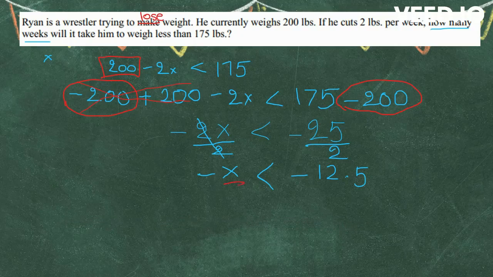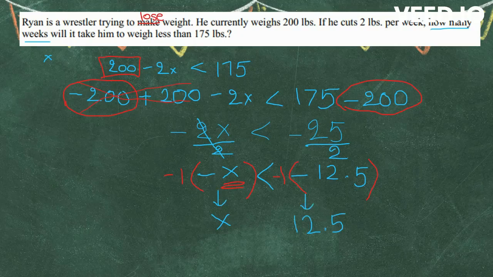So how to get rid of minus here? By multiplying with minus 1 on both sides. So what happens? Minus 1 times minus x is x, and on the right hand side we have minus 1 times minus 12.5, which is 12.5. But look at the inequality here.